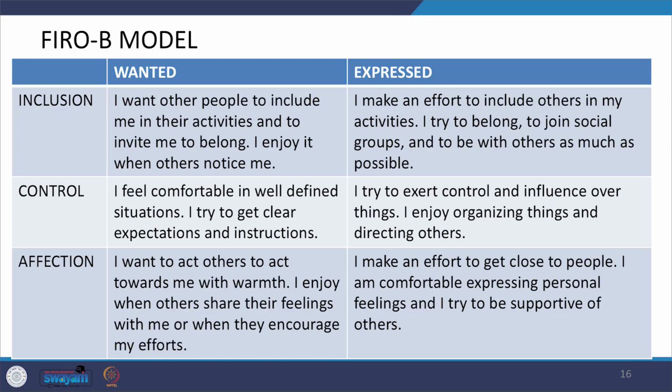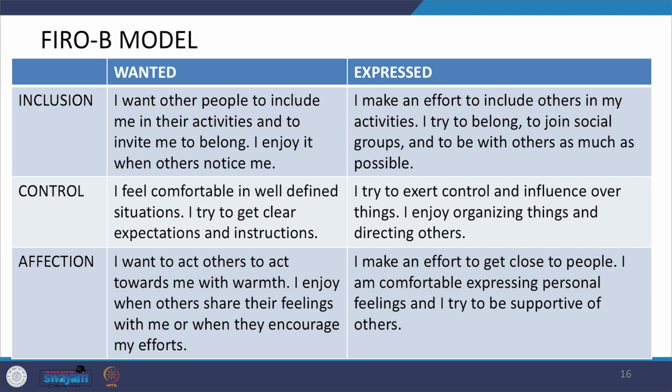In expressed control, I try to exert control and influence over things. I enjoy organizing things and directing others, so I exert efforts to control others, and organizing things and directing others becomes an important expressed control behavior.